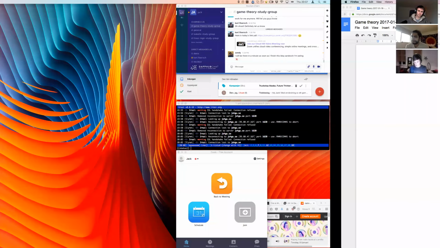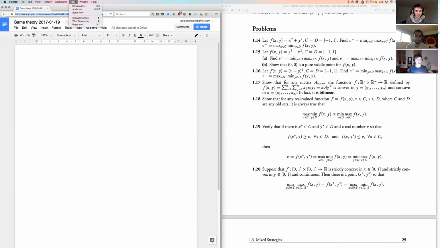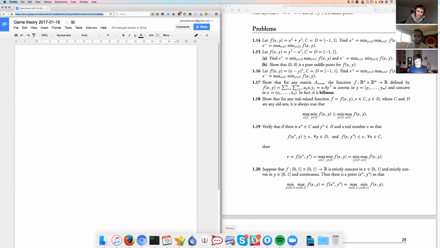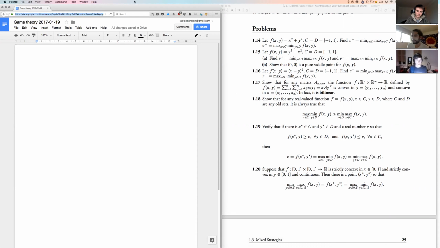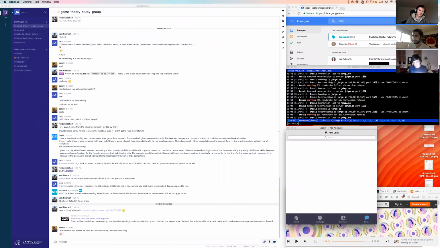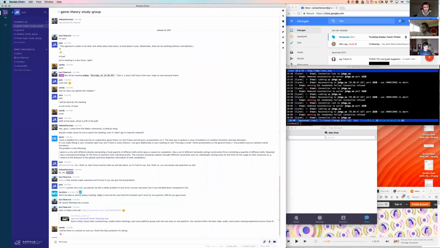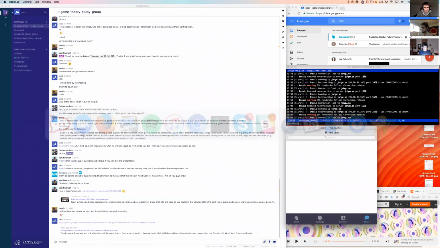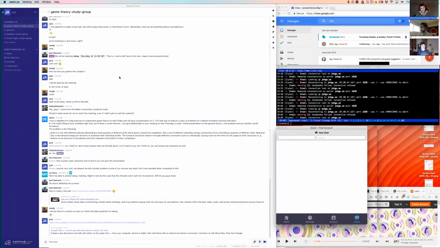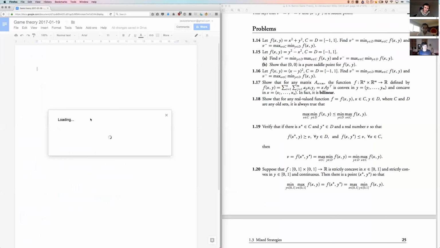How do I open the chat while in screen sharing mode? I think there's something at the bottom of your screen, where Zoom pops up. I mean, you could send it on the group, the Game Theory Study Group. Just do that. Yeah, I realized that.